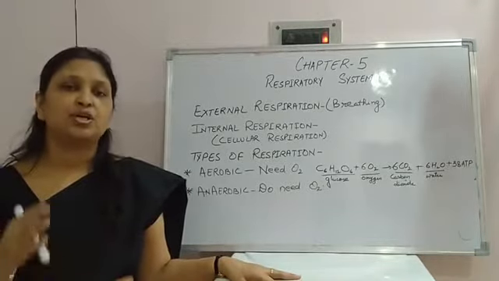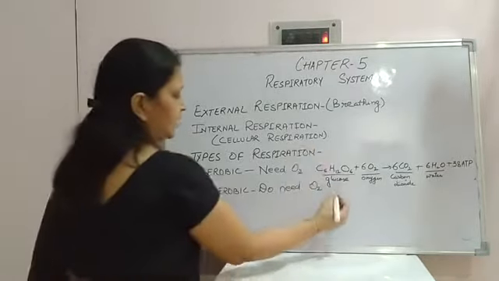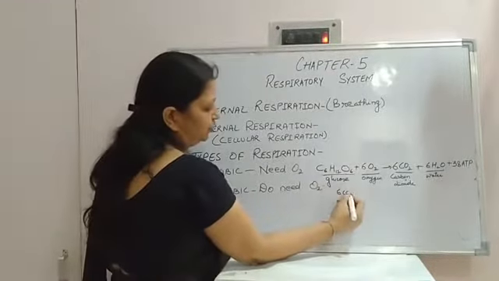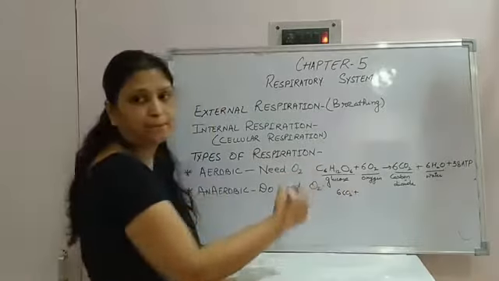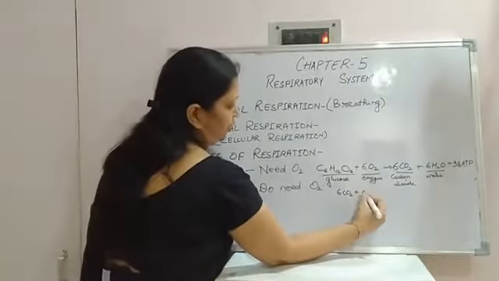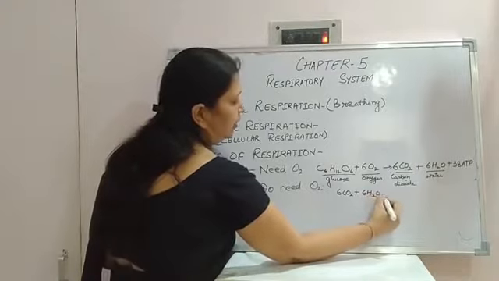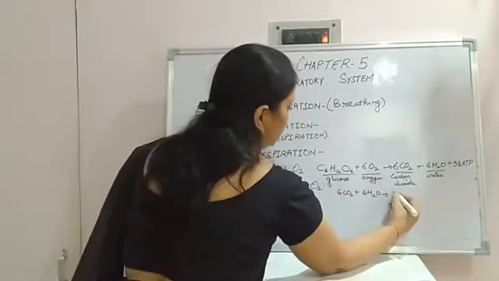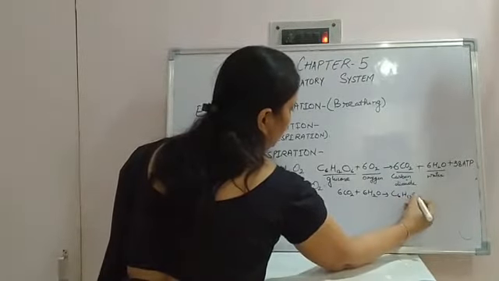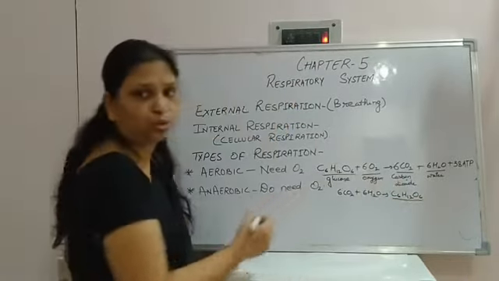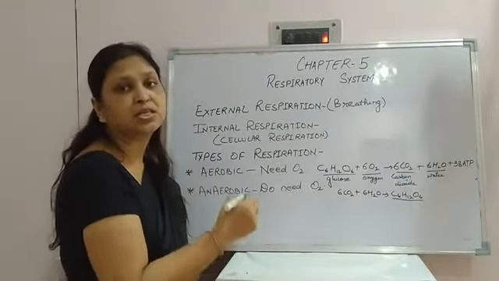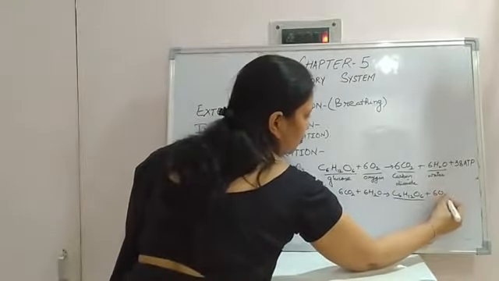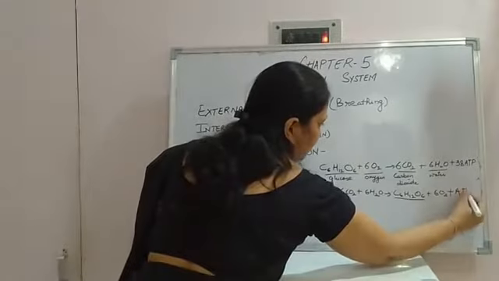So the equation in plants is like this: 6CO2, that is carbon dioxide, plus 6H2O, water, react together and give you glucose, C6H12O6, plus 6O2, meaning they are releasing oxygen, plus ATP.